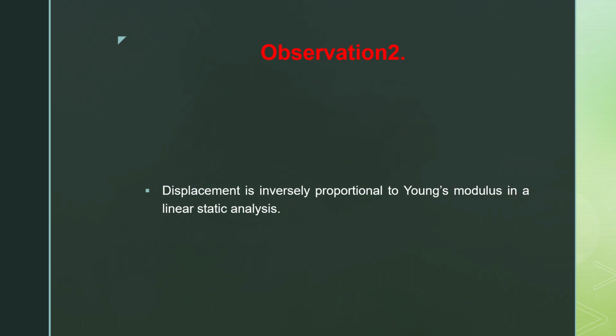This means that the displacement will be inversely proportional to the Young's modulus, and that's exactly what we see here. So let us say you increase the Young's modulus from 70 gigapascals to 200 gigapascals, then the displacement is likely to decrease.